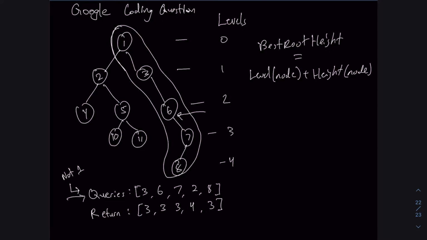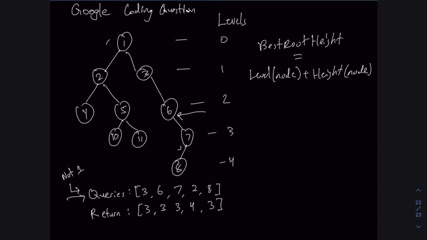In this case, it's pretty intuitive, right? It's saying that these 2 lines plus these 2 lines gives us the total best root height up here.